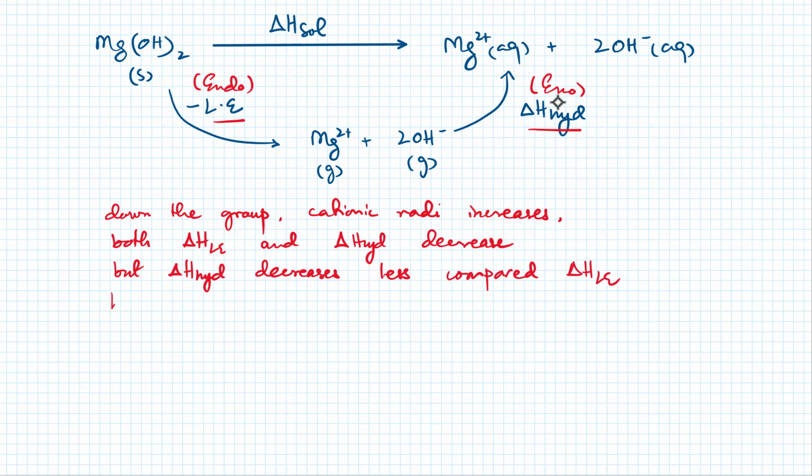Hence your delta H solution, your overall enthalpy change, becomes more exothermic down the group, or less endothermic down the group, which is the same thing.